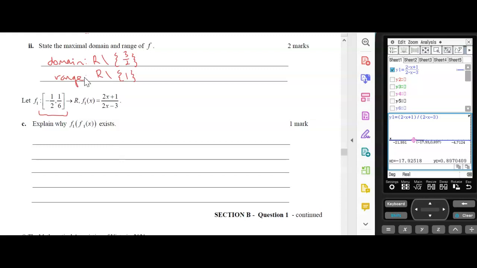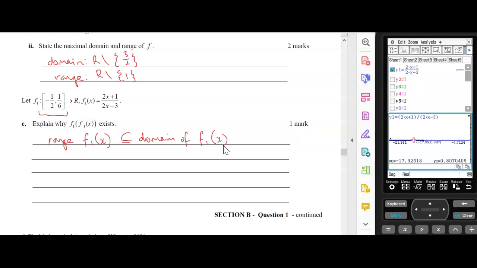All right, so for it to exist, the range of the middle function, so they're both f1 in this case, has to be a subset of the domain of f1. Okay, so what we've got to do is say, well, what is the range, and is it a subset of the domain of f1(x)?